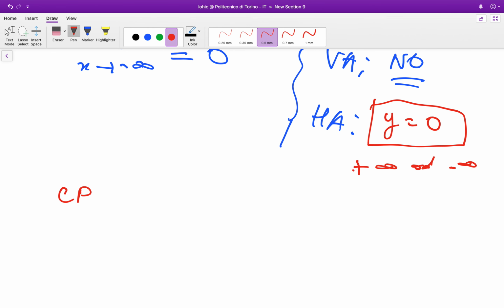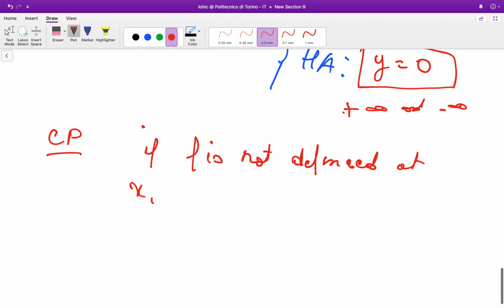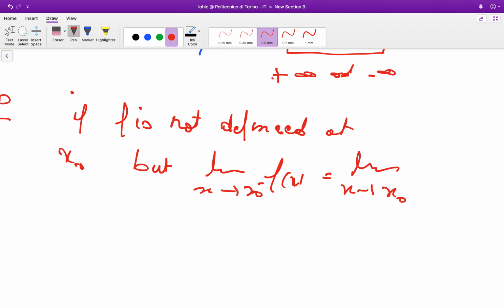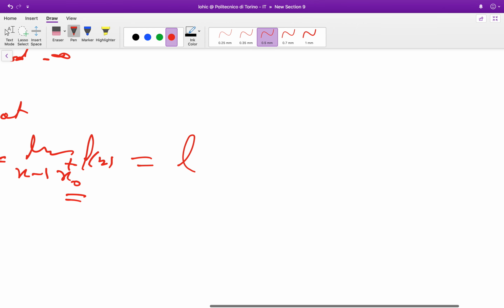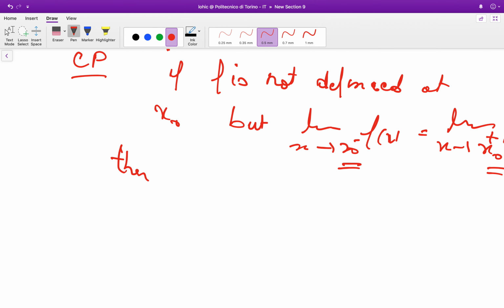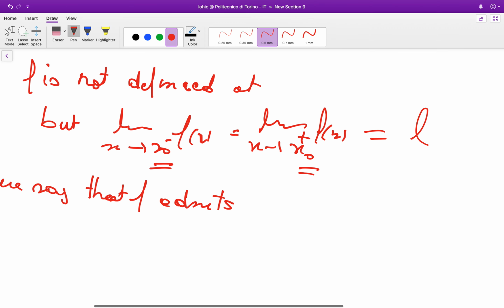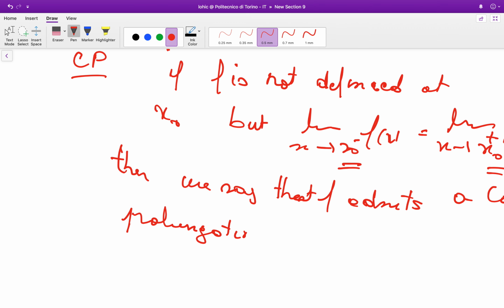Okay, so continued prolongation. I remind you that I told you last time, in a previous exercise, that if f is not defined at some point x0, but the limit when x tends to x0 minus of f of x is the same as the limit when x tends to x0 plus of f of x, so if the limit from the left and the limit from the right are the same and they are equal to some number, let's say L, then we say that f admits a continued prolongation at x0.